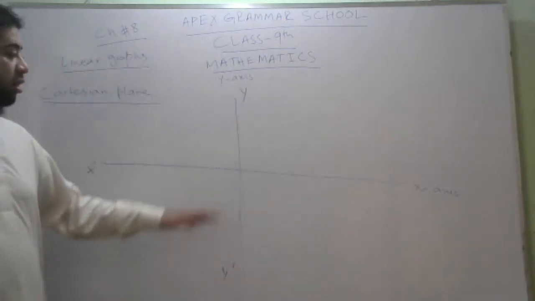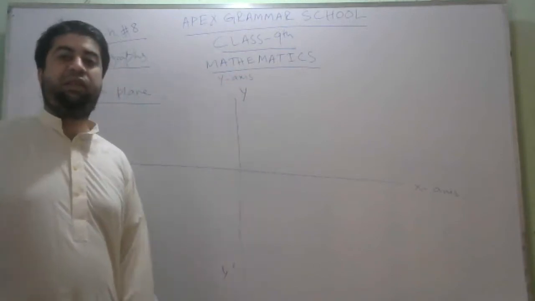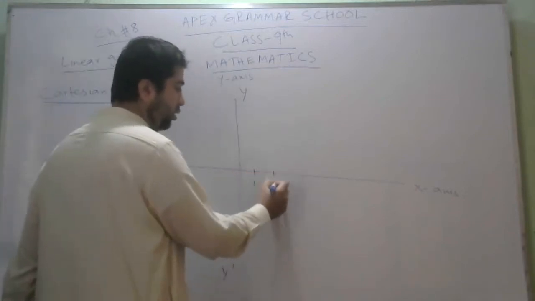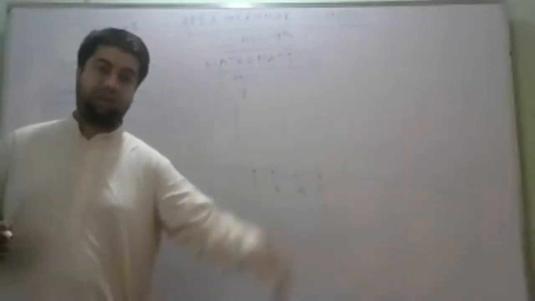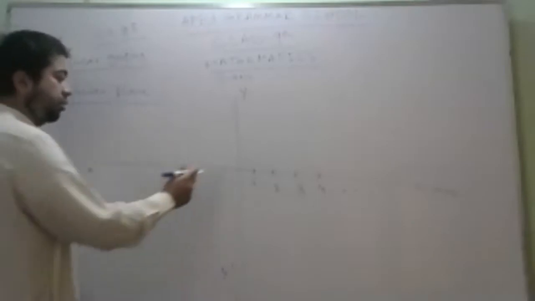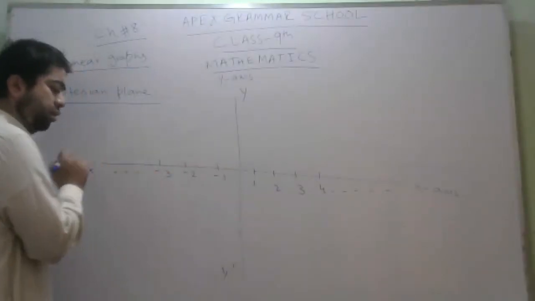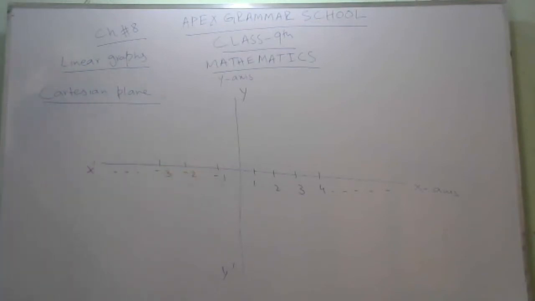Above this line are positive values, and below this line negative. For example, this is 1, 2, 3, 4, and so on. Positive values are on the right side, and -1, -2, -3, and so on. Negative values lie on the left-hand side.